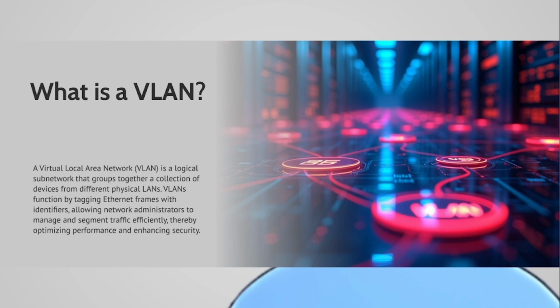So what is a VLAN? A virtual local area network or VLAN is a logical subnetwork that actually groups together a collection of devices from different physical LANs. So let's say different PCs you can group together in a VLAN, in the 10.0 network or 20.0 network. That way you can group the PCs together.